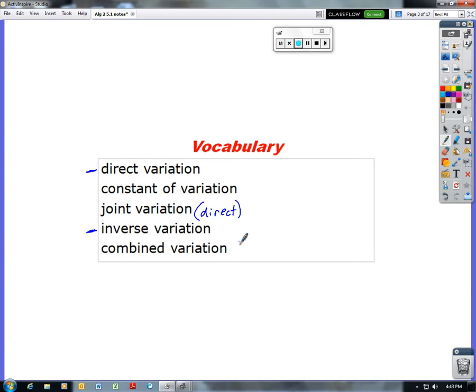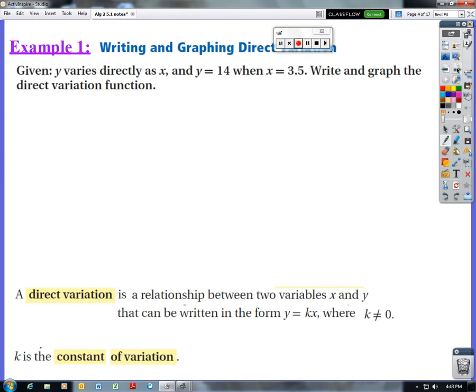And then combined variation is going to be a combination of both direct and inverse. And then this constant of variation here is something that we're going to be solving for a lot.